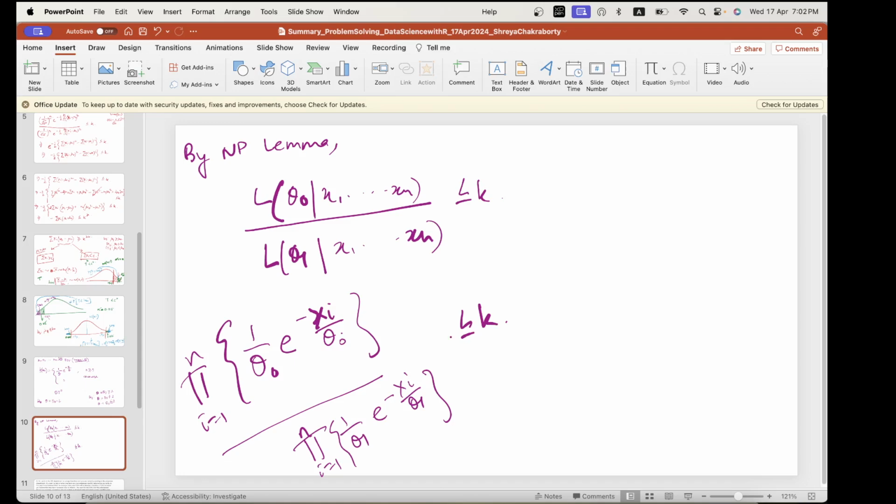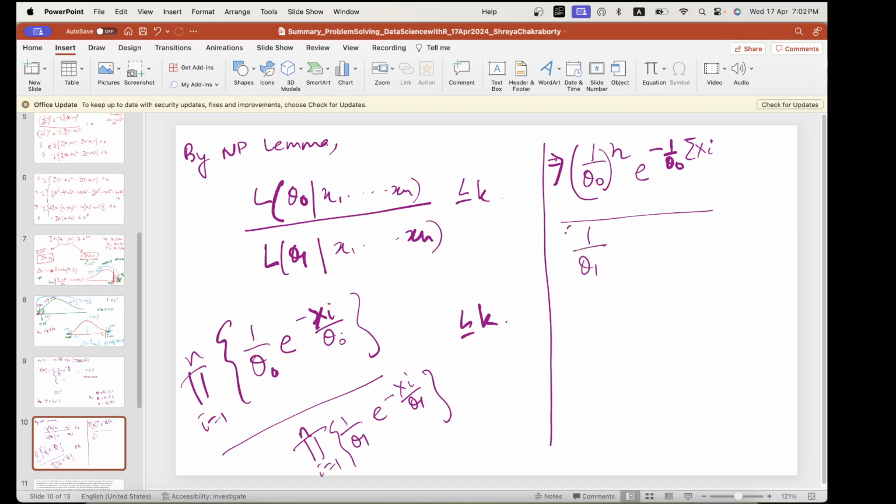Okay, so we can write this as 1 by theta naught whole to the power n e to the power minus 1 by theta naught summation xi, by 1 by theta 1 whole to the power n e to the power minus 1 by theta 1 summation xi, less than or equal to k.